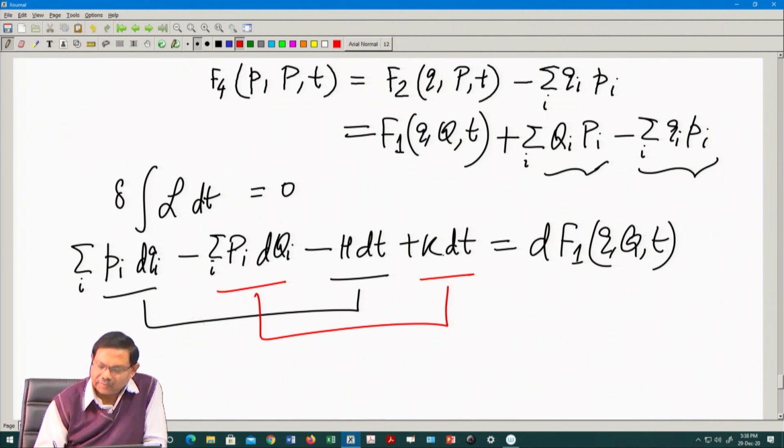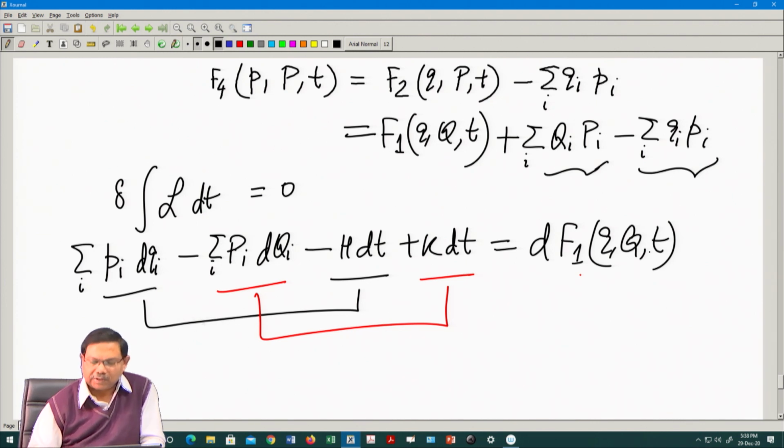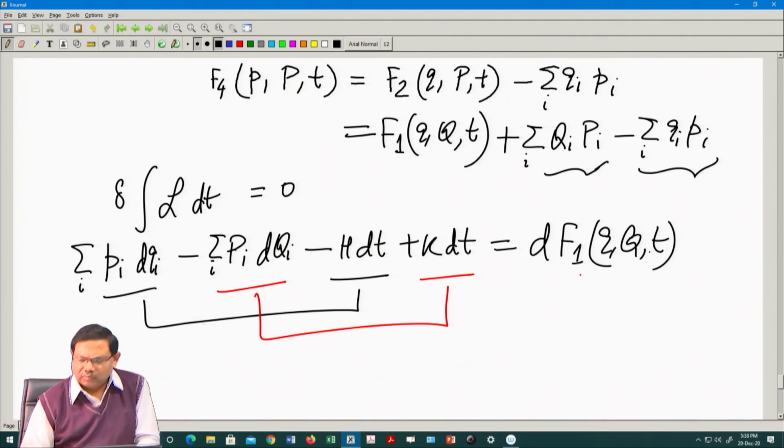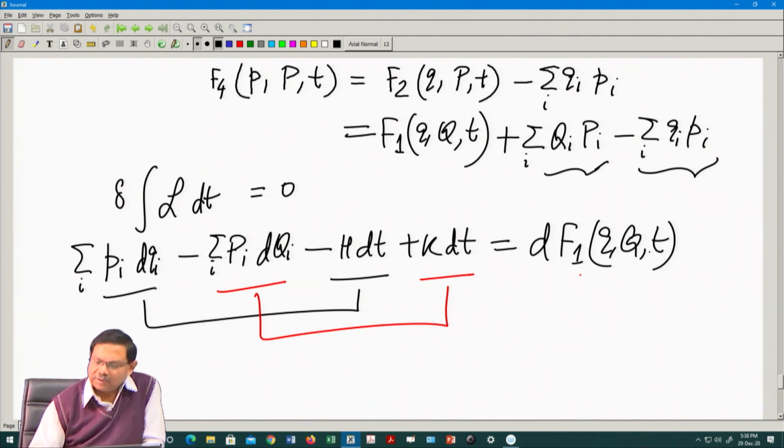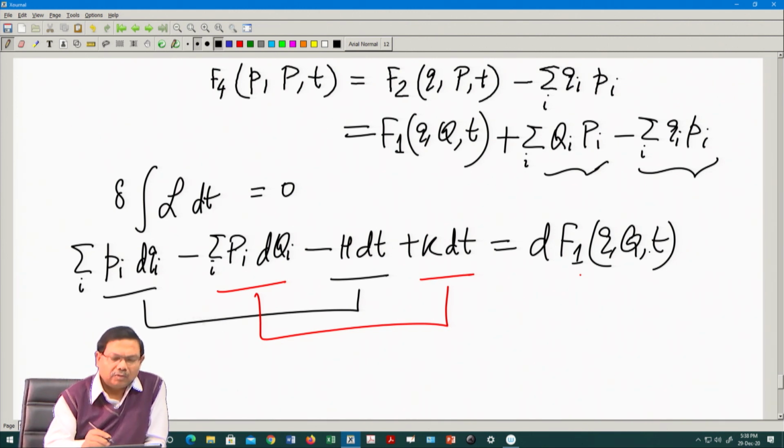Dt is written this side; if I take dt to the other side, it would be a total time derivative of a function of coordinates. So, when we start from that basic structure, and after that whatever generating function we want, using this Legendre transformation we go further. Okay.